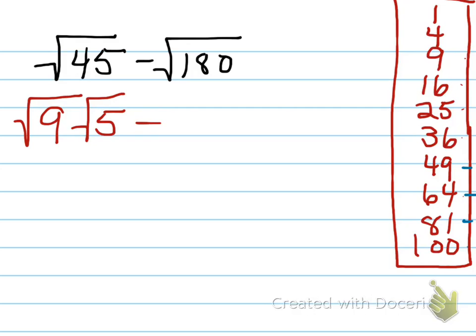Dividing by 49 gives us a decimal. 180 divided by 36, though, gives us an integer value. So we can rewrite the square root of 180 as the square root of 36 times the square root of 5. Now, let's simplify what we have.